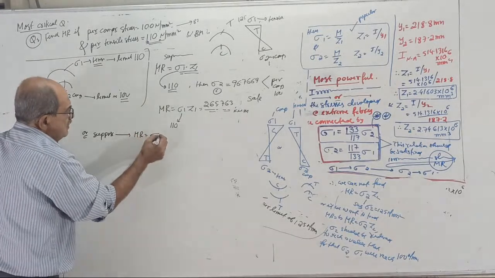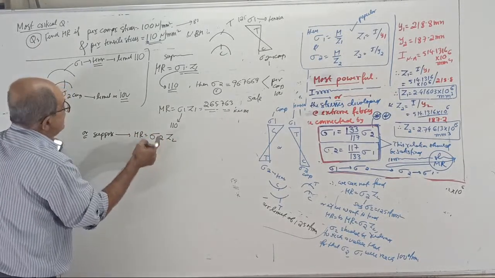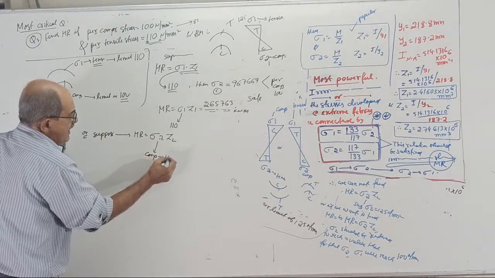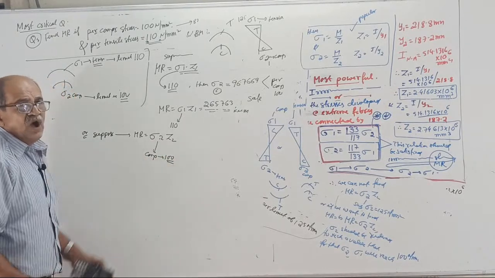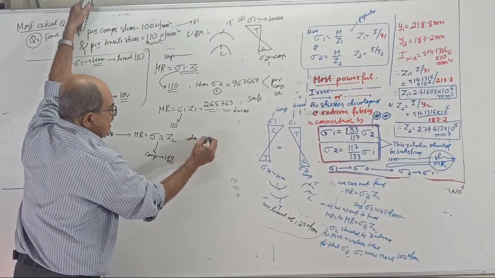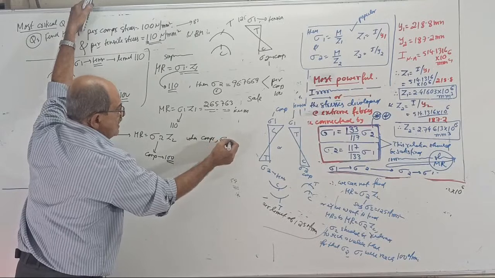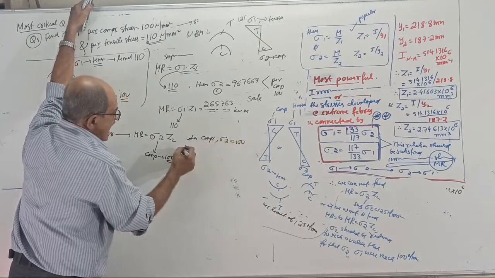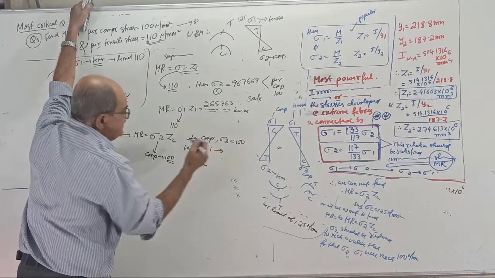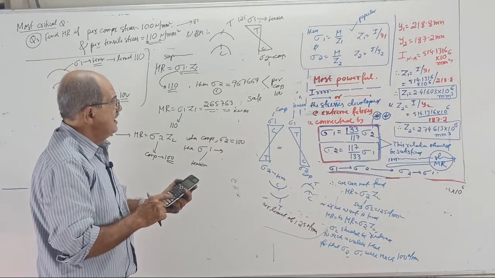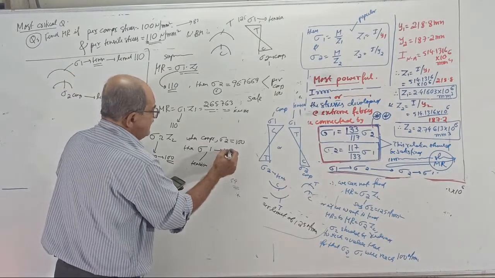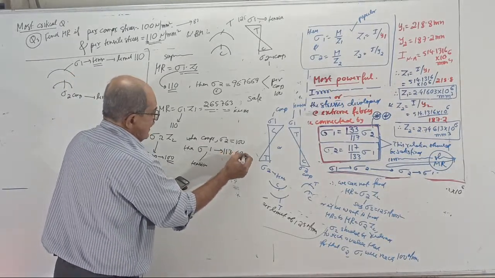Or suppose I want to find MR by sigma 2 into Z2. Now my sigma 2 is the bottom stress, that is compression of 100. I cannot directly use it; I should verify. When compression sigma 2 reaches 100, then sigma 1, which is tension, will reach 100 into 133 divided by 117, which is 113.675.